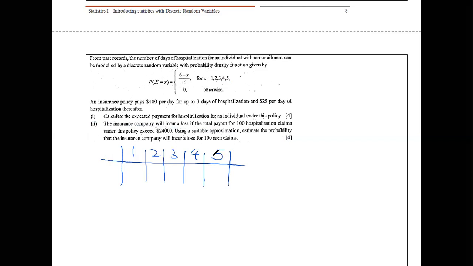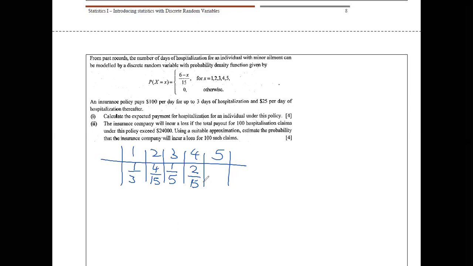If it is 1, this will be 6 minus 1 over 15, which gives me 5 over 15, so this will be 1/3. 6 minus 2 over 15 will give me 4 over 15. 6 minus 3 over 15 will give me 3 over 15, so it's 1/5. 6 minus 4 over 15 will give me 2 over 15.